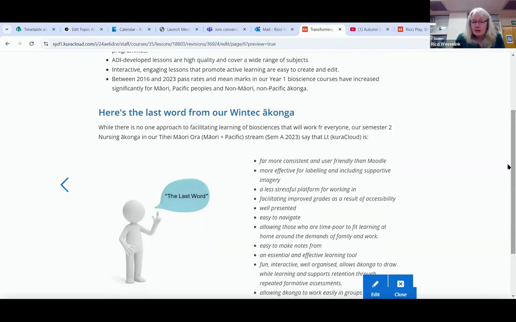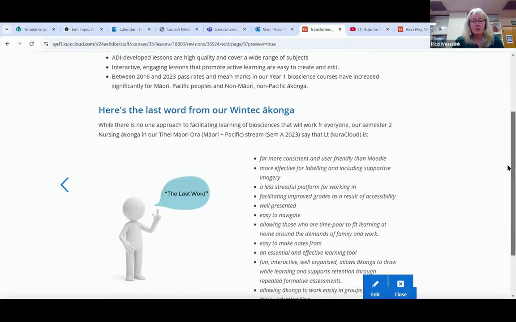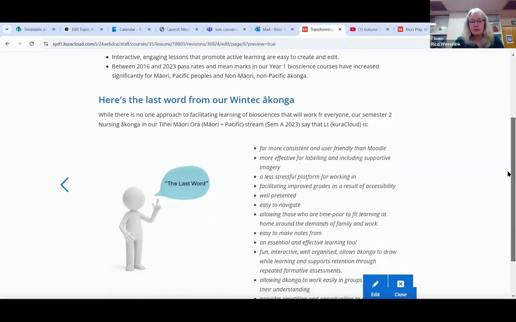They're interactive and engaging, and they promote active learning. They're easy to create and edit. They're fun to create and edit. And in terms of quantitative data, they've resulted in increased pass rates and mean marks in our Year 1 bioscience courses. And that's for all groups we looked at: our priority learners, our Māori and Pacific learners, and our non-Māori, non-Pacific learners.